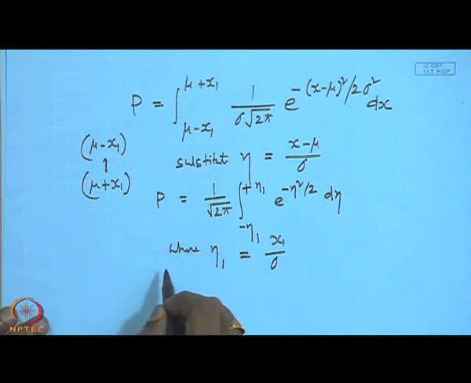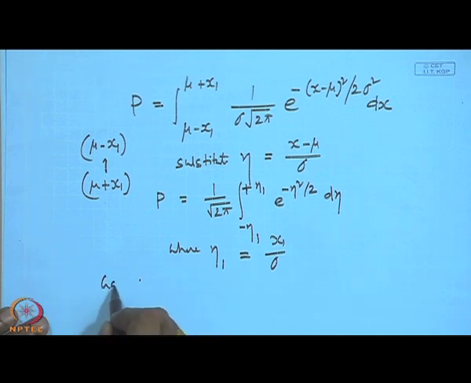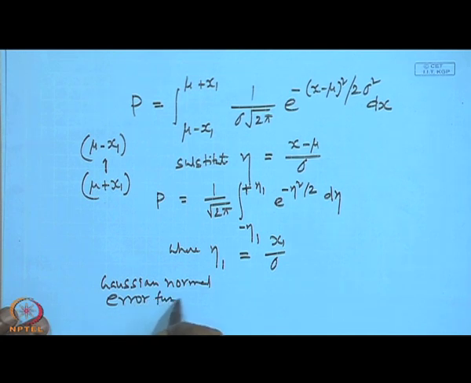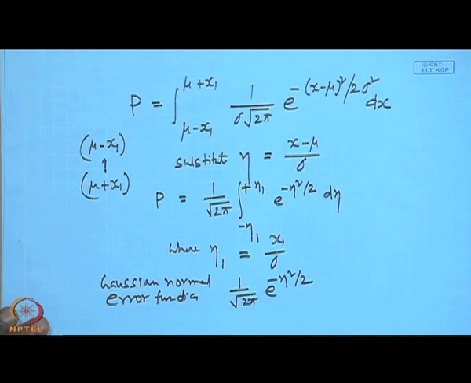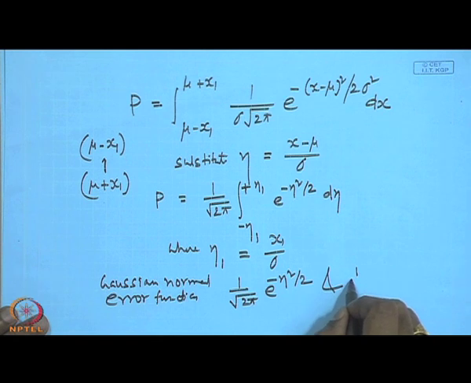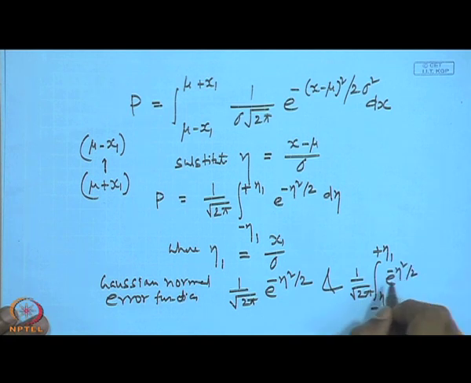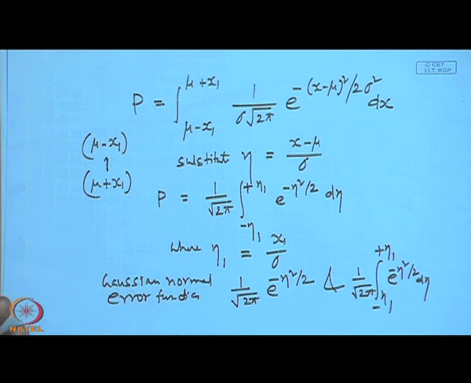now the values of this Gaussian normal error function and the integral are given or are available in the form of tables.